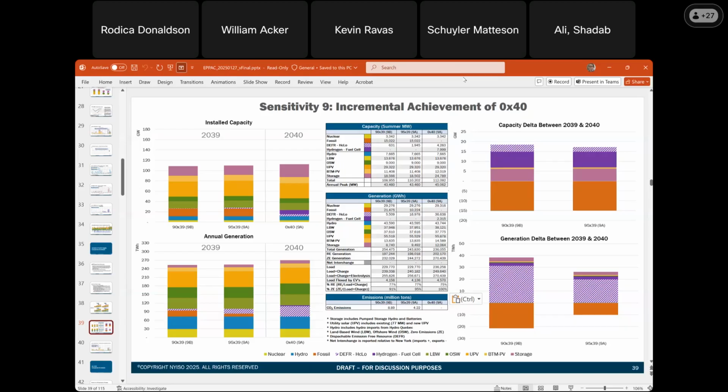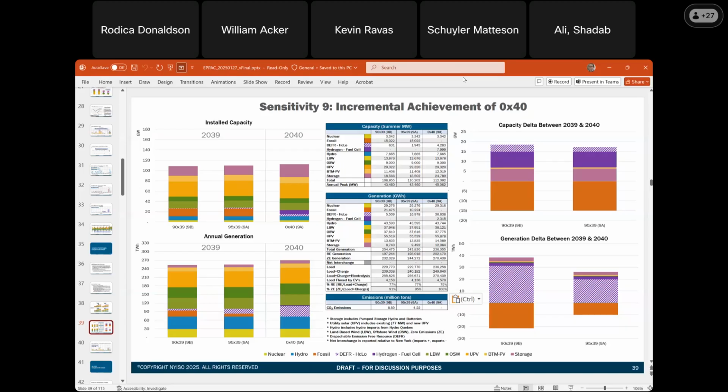And that doesn't give us great information in terms of the sequencing of investments and what we're going to get out of that last batch of investments to get that final 18 to 20%. So we really wanted to test a smoother glide path to 2040 to figure out which of those investments were really being made for the first 10%, the first 15%, the last 5%, and how those all compare.